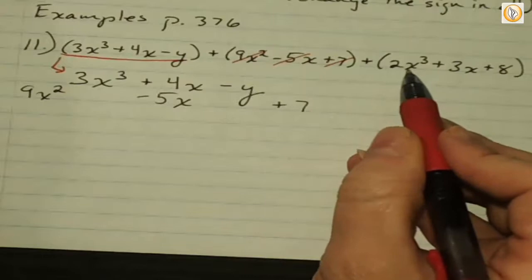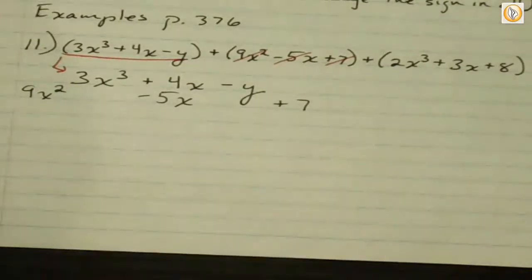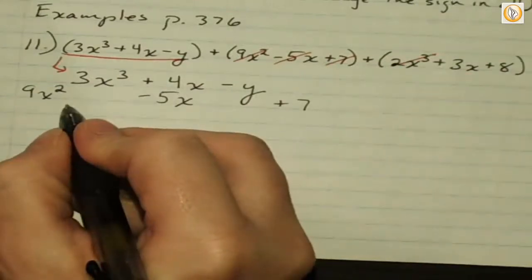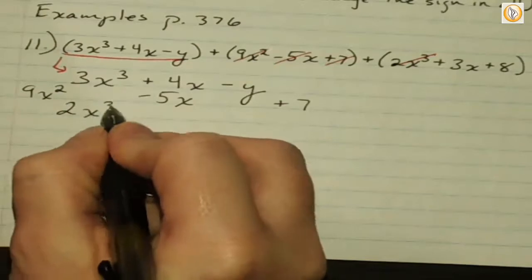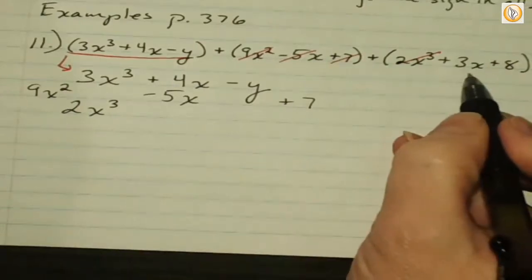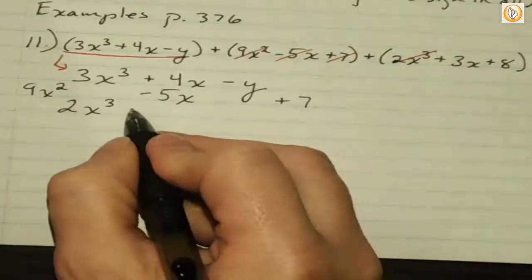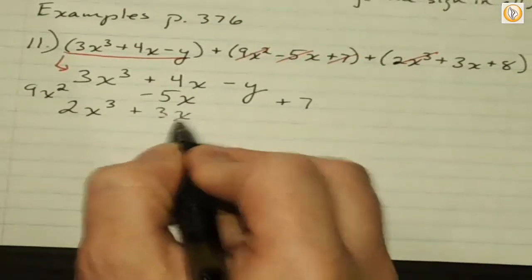2x cubed. What can it be lined up with? 3x cubed. That's right. So 2x cubed, I'm lining it up. Could have probably moved it over a little bit. 3x. Where can I put that, Cecilia? Negative 5x. There you go. So plus 3x.